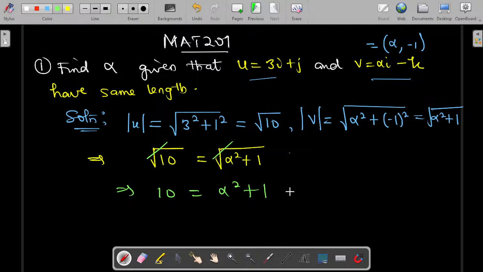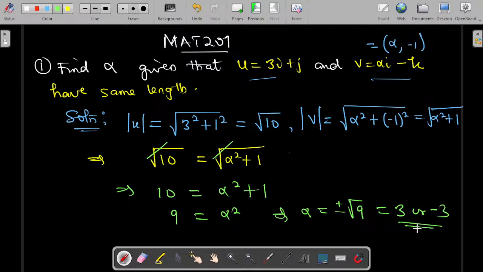Here you can now transfer 1 to this side, and that will give you 9 is equal to alpha squared. Therefore, alpha is the square root of 9, which is plus or minus 3. So your answer is plus 3 or minus 3.